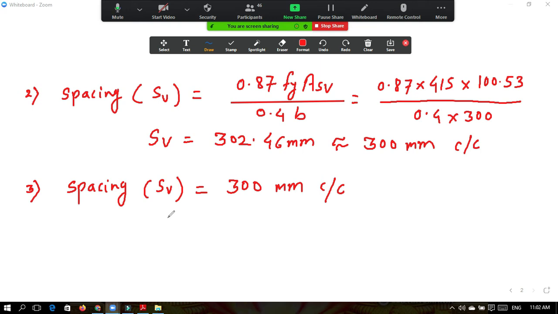So now what we can write here is: provide two-legged stirrups of so and so diameter at so and so spacing.